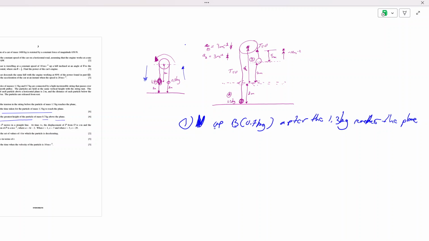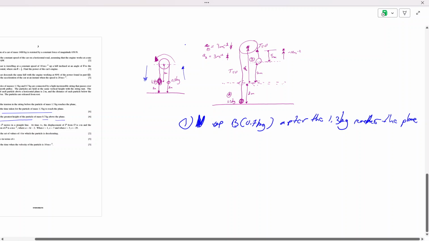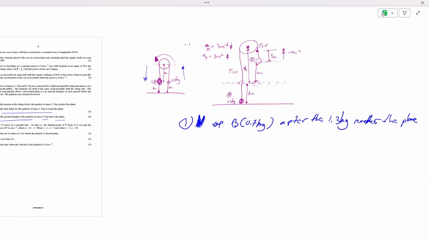At that instant, we know that particle A reaches the plane after the time that we already calculated, which was 1.15 seconds.